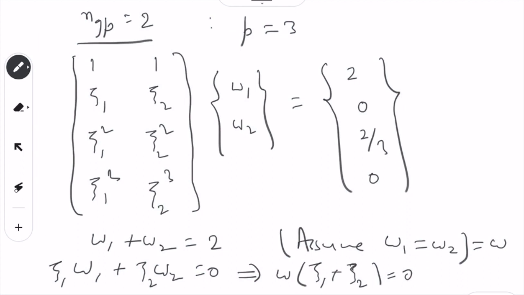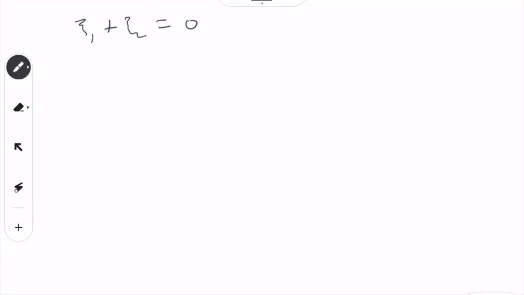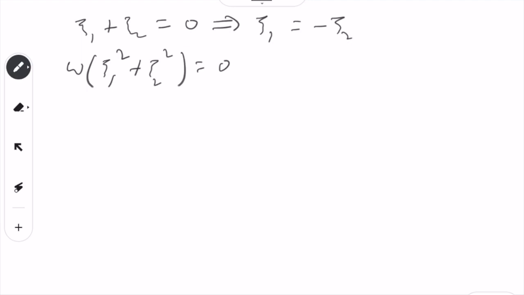Next thing is W1 ξ1³, so the last term is W times (ξ1³ plus ξ2³) equal to 0. This actually tells you simply that ξ1 is equal to minus ξ2.